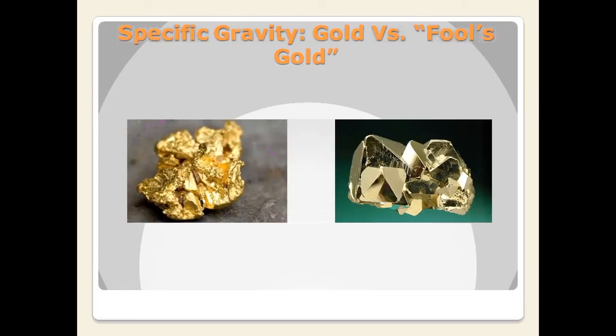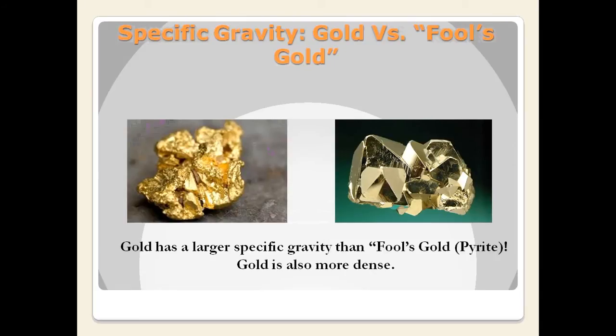Real gold has a larger specific gravity than fool's gold, which is known as pyrite. Real gold is also much more dense. So if you were given the specific gravity values for fool's gold and real gold, you would be able to tell the difference.